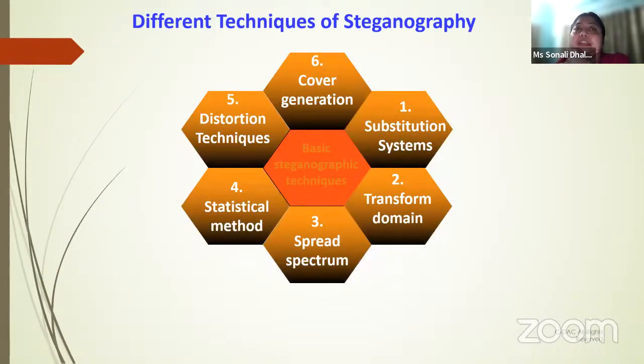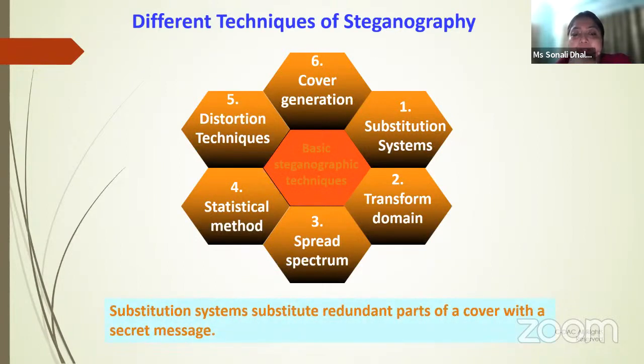So there are different techniques for steganography: substitution system, transform domain system, spread spectrum, statistical method, distortion technique, cover generation, etc. The substitution system substitutes the redundant part of a cover with a secret message.